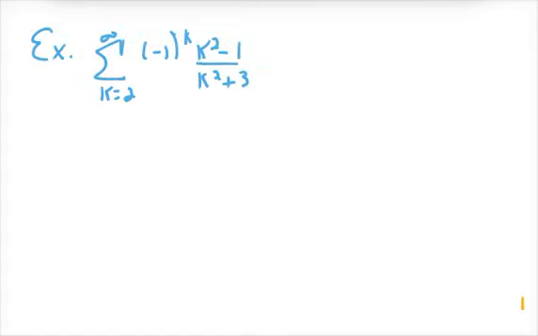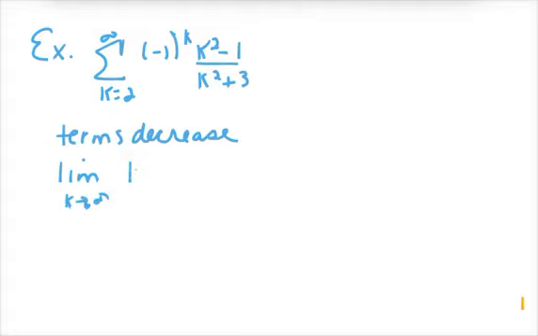Here's an example of an alternating series, and we need to show that the terms decrease. And they do, because the denominator is bigger than the numerator, so the terms decrease. The next thing we need to do is look at the limit as k goes to infinity of the AKs, so you're dropping the sign and just looking at the AK series.